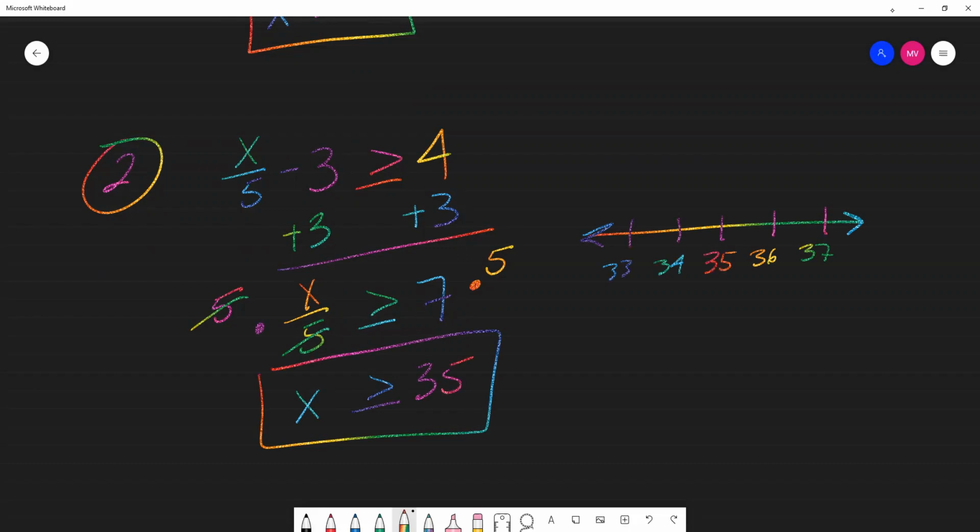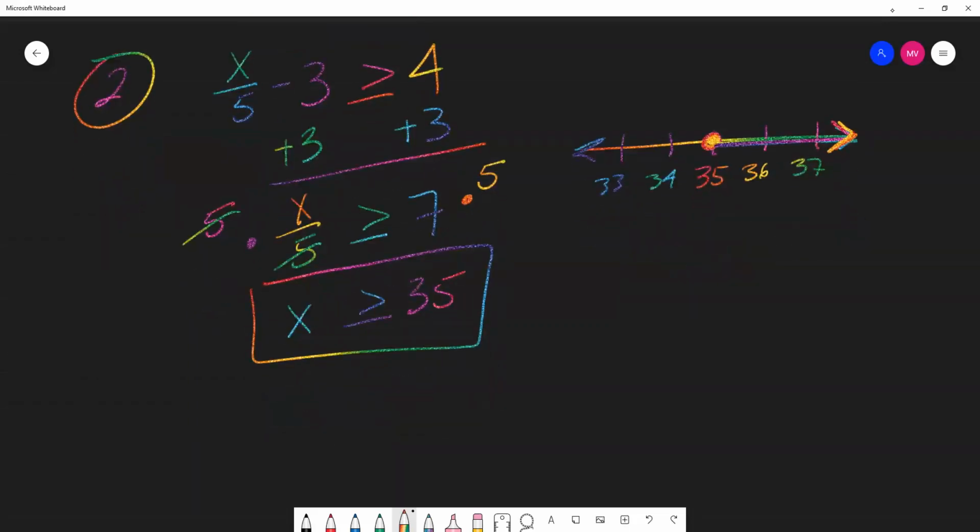Is it open or closed? Right, it includes the solution 35. And then which way does our arrow go? Right, any number greater than, so it goes right. Again, if you always make sure your variable is on the left side of your inequality, then you're able to follow the arrow of your inequality sign, left or right.